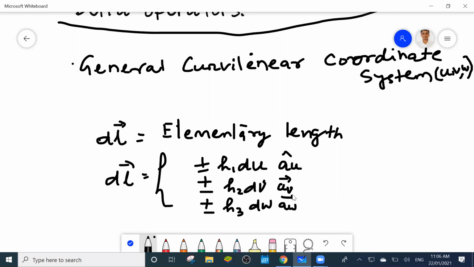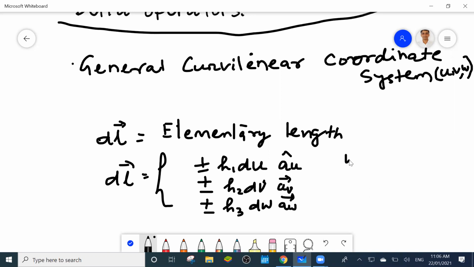Because this is the general notation for three coordinate systems: Cartesian, cylindrical and spherical. I am writing in terms of u, v, w coordinates, where all these h1, h2, h3 are functions of u, v, w.